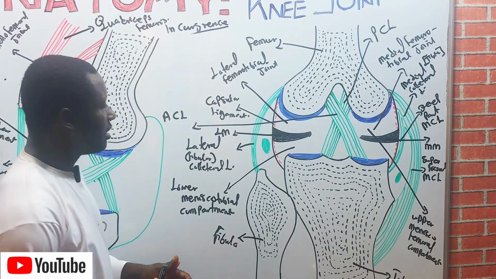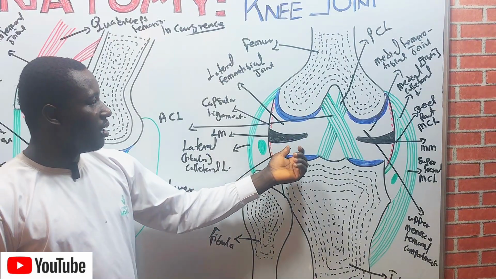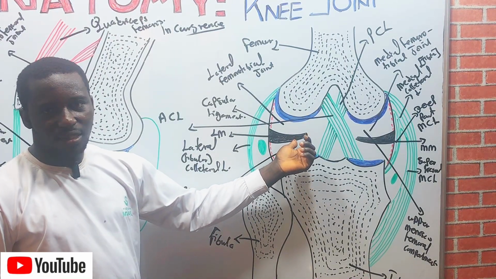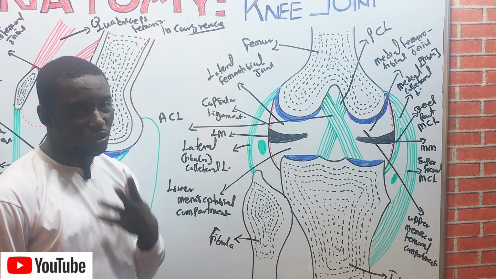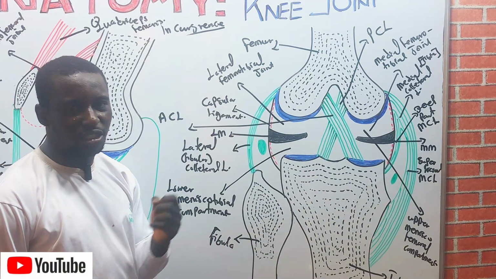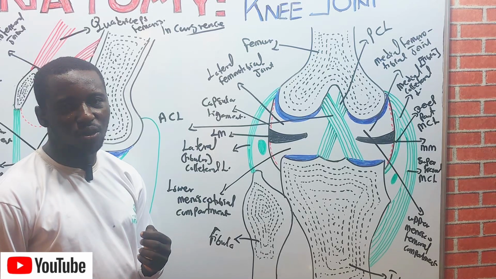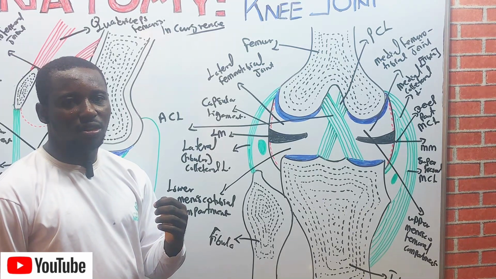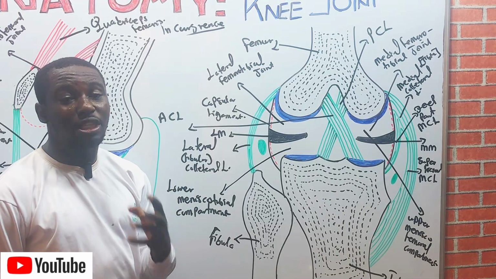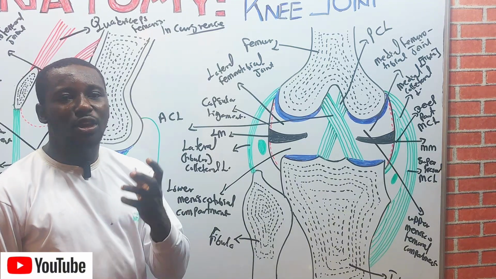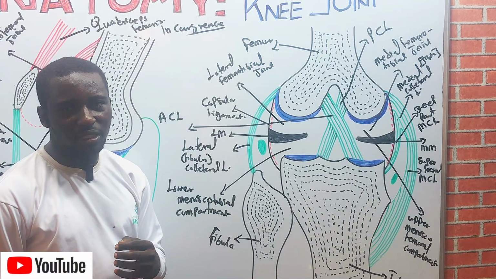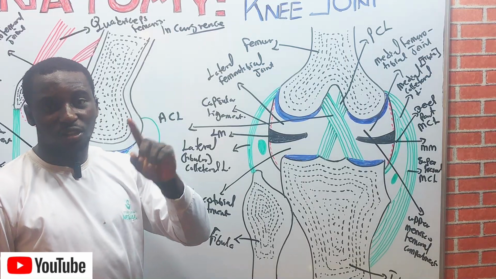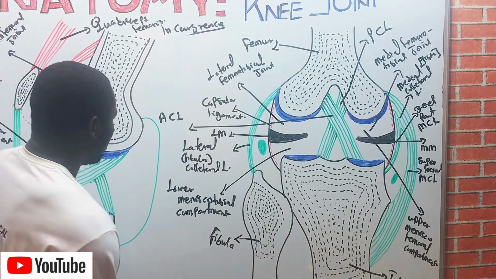So it is this inter-articular disc, the meniscus, that helps to compartmentalize the knee joint into two compartments, the upper and lower meniscofemoral and tibial compartments, not temporal. That one is on the TMJ.